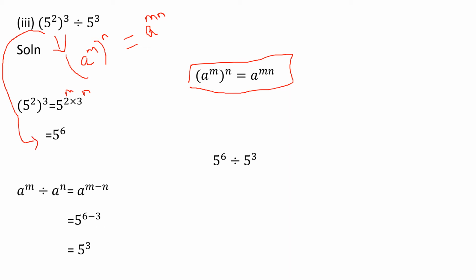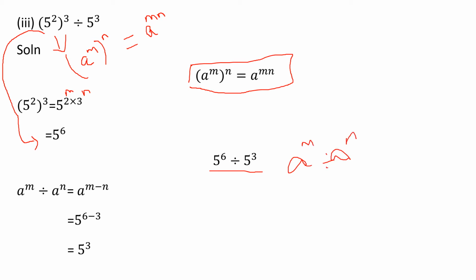Look here, we have converted this into this form. Instead of 5 square the whole power 3, we have simplified and got 5 power 6. Now it is in the form 5 power 6 divided by 5 power 3. Now can we apply the formula a power m divided by a power n? Yes, we can.